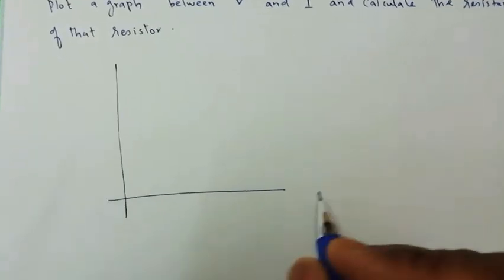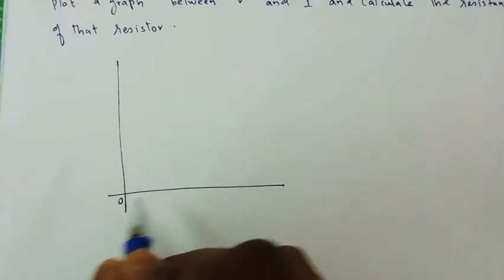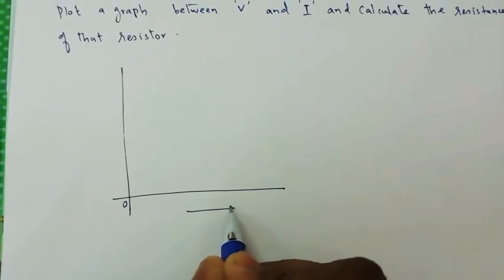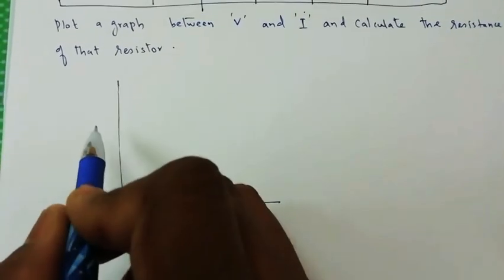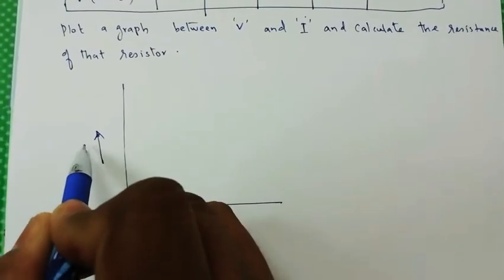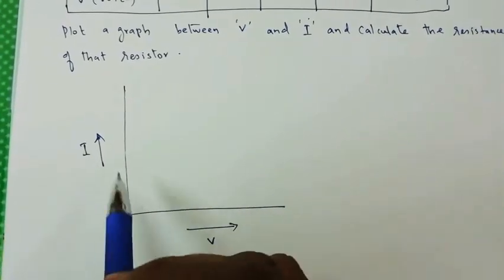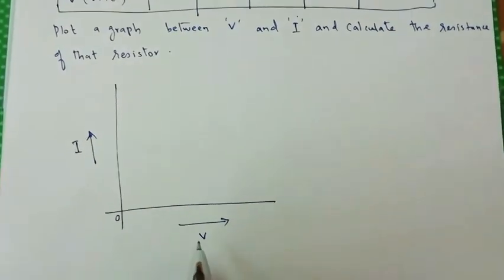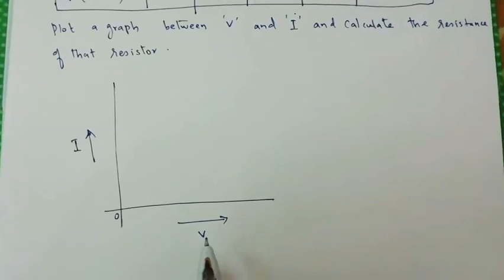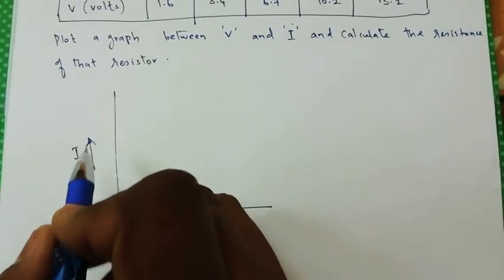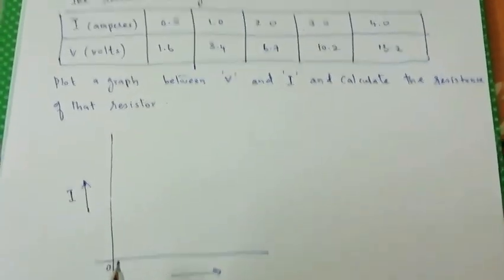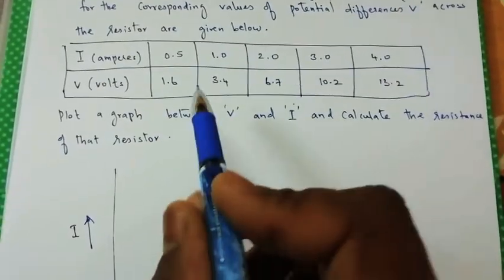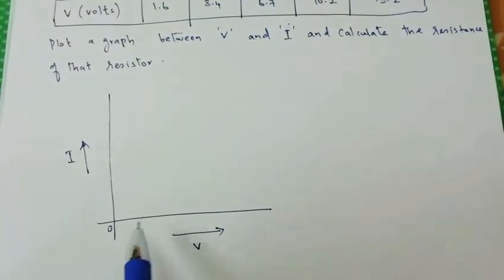So we plot a graph like this. This is volt and this is current. For current it is I, and for potential difference volt, right? For current it is shown in ampere, right? Here other points are given, you have to put it here.